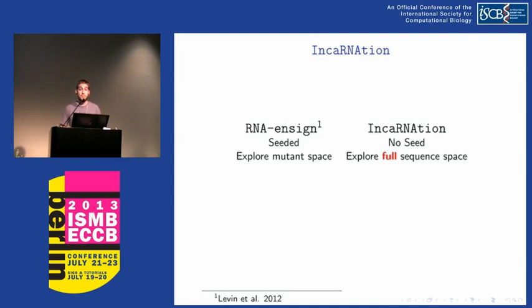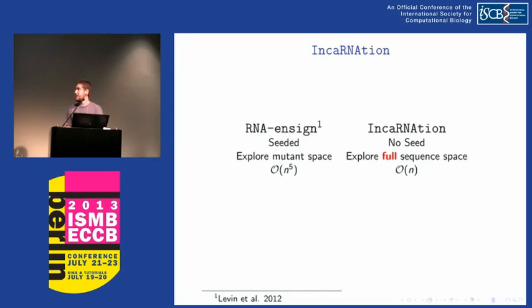Of course, if you compute mutants that are far enough from the seed, then you effectively compute the whole space. If you do that with RNA Design, you have a big O of N^5 complexity, while with our method, we have a linear dynamic programming algorithm allowing us to compute everything at once.